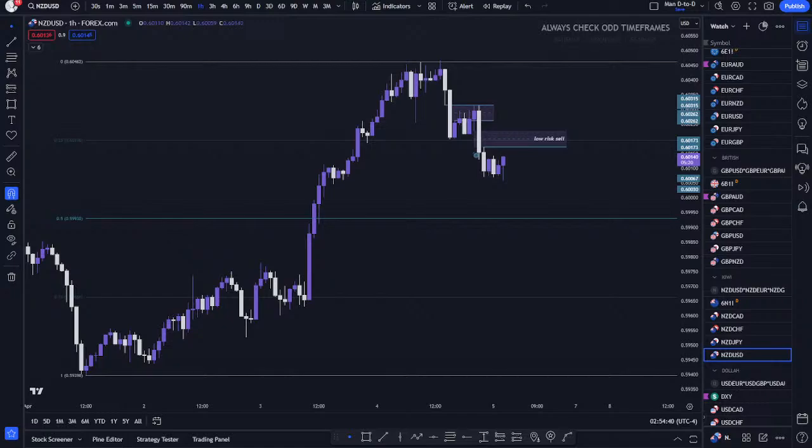What I'm gonna do is delete that, and we're going to check NZD. I want to actually set that order on my chart right now. I want to set the pending order of that NZD trade idea on my chart quickly, then I'll get back to you guys.